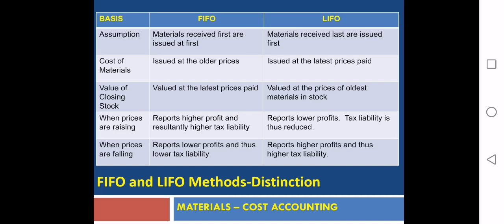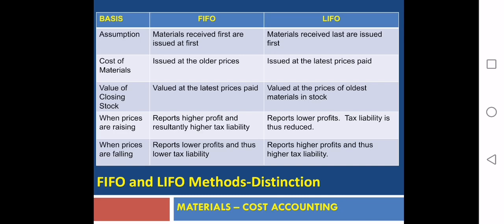That we have discussed in the respective methods. Cost of materials: issued at the older prices in FIFO, and at the latest prices in LIFO. As the first received material is issued, we take old prices into consideration. In the case of LIFO, we are issuing the latest received material, so we take the latest price.